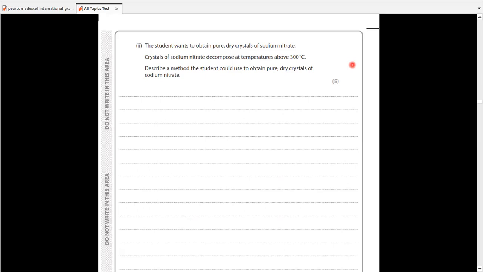You're supposed to start with a saturated solution of sodium nitrate. Oh, okay. So it's better to first form a saturated solution of sodium nitrate and then filter it.